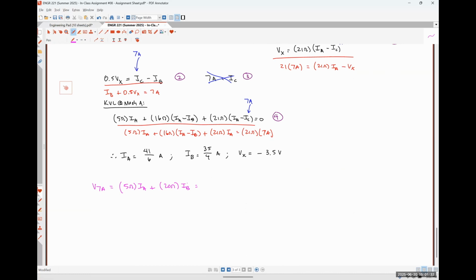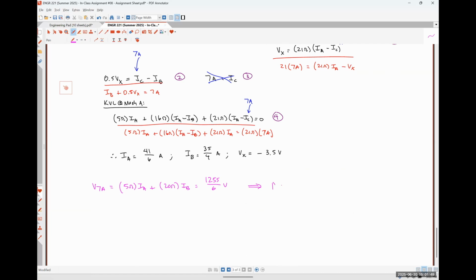Which to me comes out to be 1,255 over 6 volts.